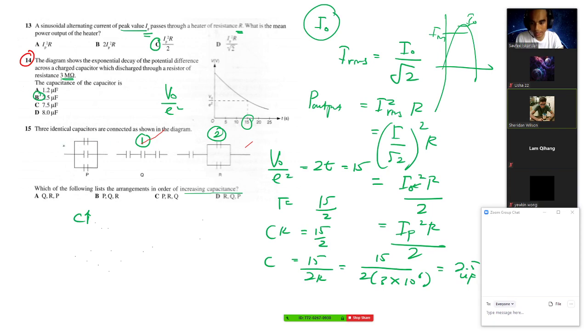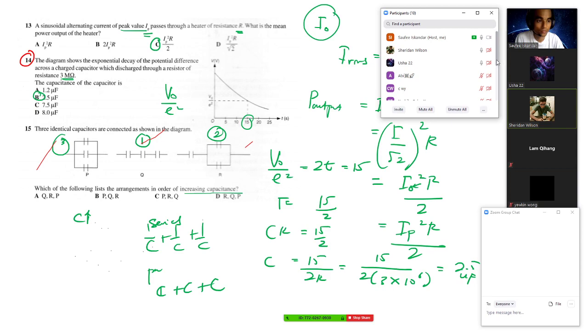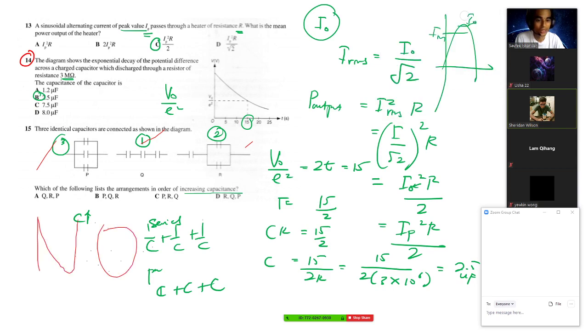This will be the second. And third will be P. Remember, in series, 1 over C plus 1 over C plus 1 over C. In parallel, C plus C plus C. Okay? Any question until this point? Any question, everyone? No? Okay. Nice.